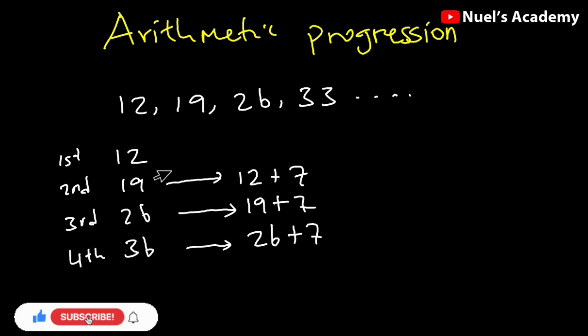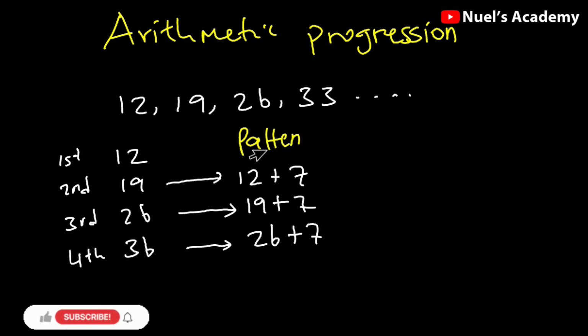Now, did you notice anything here? We got 19 by adding 12 plus 7. Then we got 26 by adding 19 plus 7. We also got 33 by adding 26 plus 7. Did you notice the pattern?